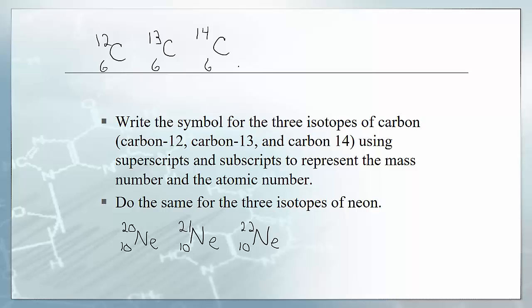This is the atomic number, which of course is the number of protons. And the top number is your mass number, which is your protons plus your neutrons.